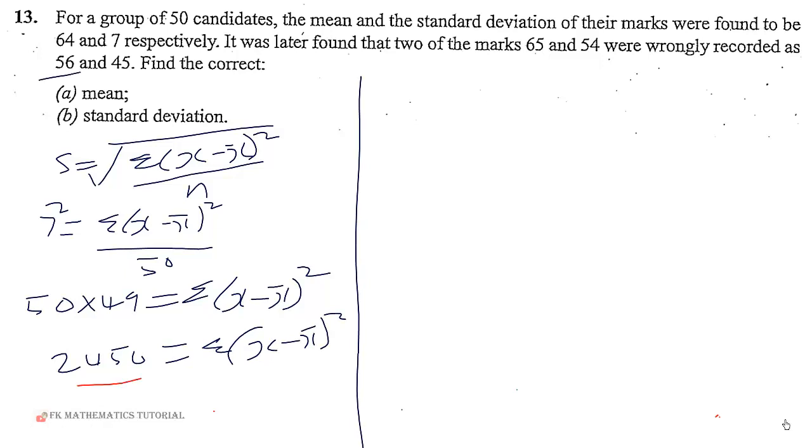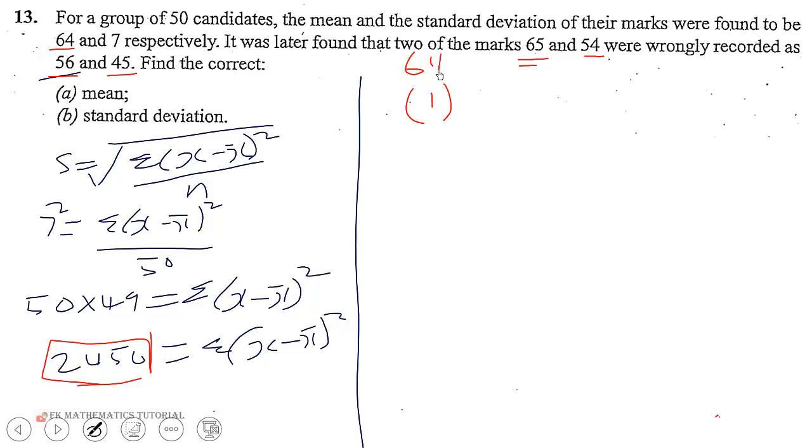Now, the question further states that 65 was wrongly recorded as 56 and 54 was recorded as 45. So how would that affect the sum? It will inflate it because the distance of 64 from 65 is 1. So when you square it, you get 1.